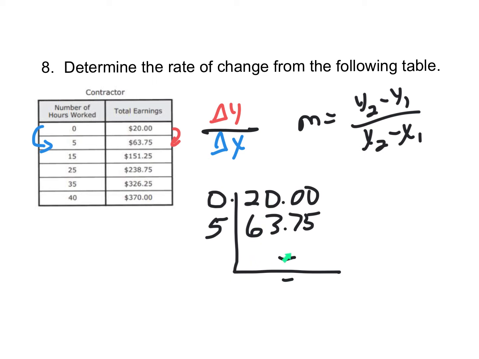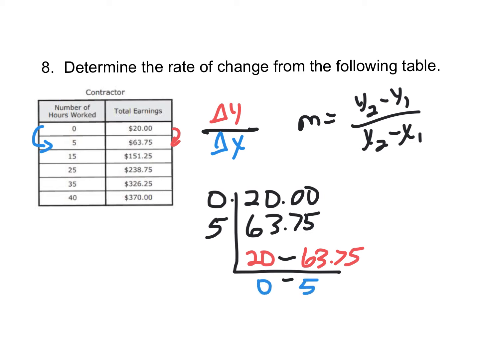Now be sure that you keep your Y's together, because we're going to find the change of the Y's at the top and the change of the X's at the bottom, and then we can simplify. You may want to consider using your calculator for this as well, but we have the $20 minus the $63.75, and then down with the X's we have 0 minus 5.